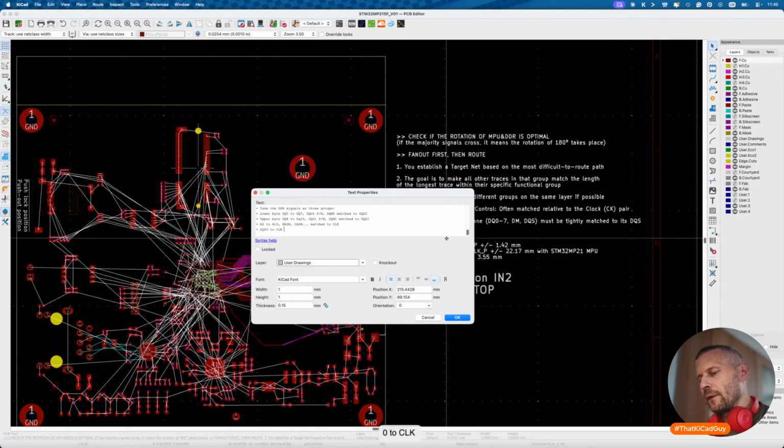DQS0 to clock is plus minus 22 millimeter. DQS1 to clock is as well. So very loose.